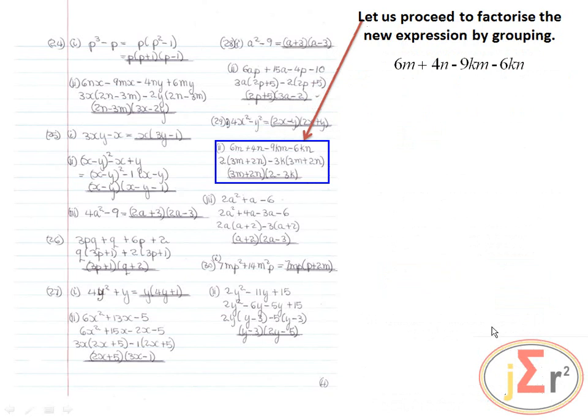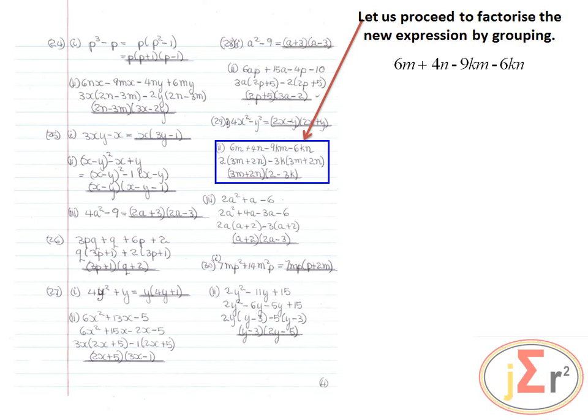Let us proceed to factorize the new expression by grouping. So we have 6m plus 4n minus 9km minus 6kn, and we will factorize by grouping. And what will be our first common factor? Something that can divide into 6 and 4, the largest such number.